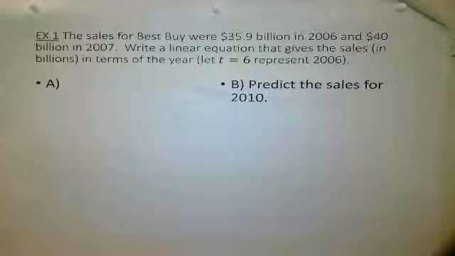Example 1. The sales for Best Buy were $35.9 billion in 2006, and $40 billion in 2007.